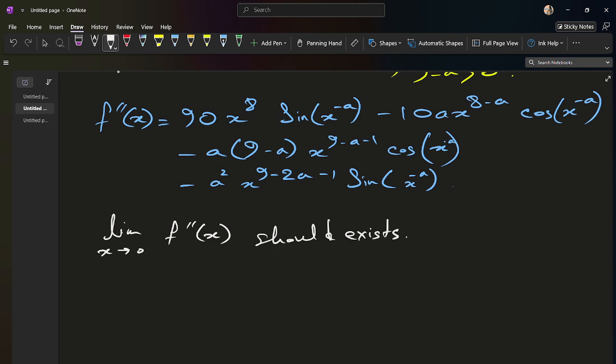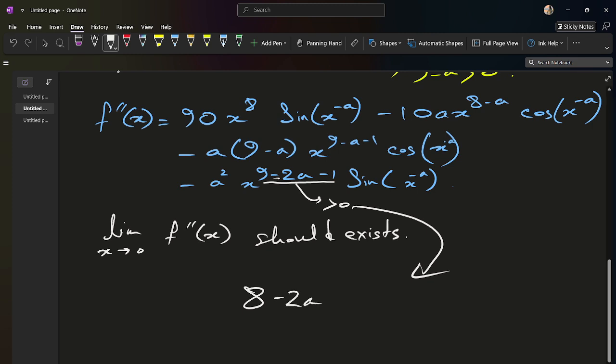If the limit as x tends to 0 of f double dash x exists, then our f double dash x is continuous. So if we get 9 minus 2a minus a, that has to be greater than 0, then everything will happen, because then the limit will exist. Okay, so our 8 minus 2a has to be greater than 0.